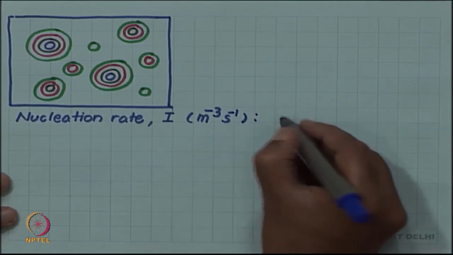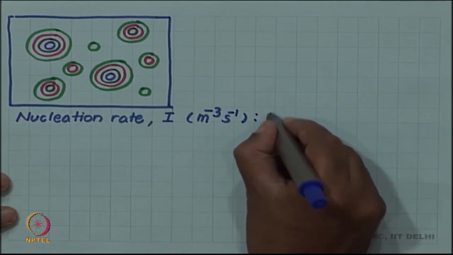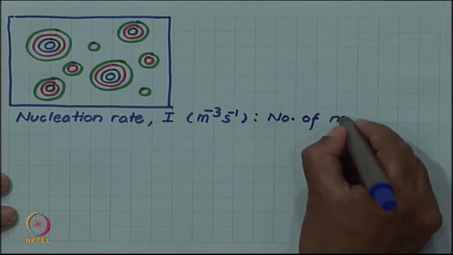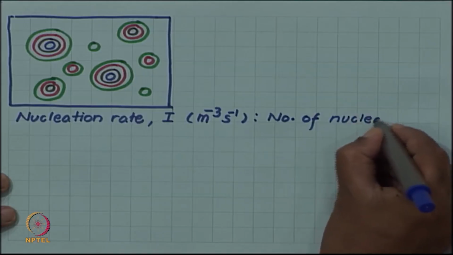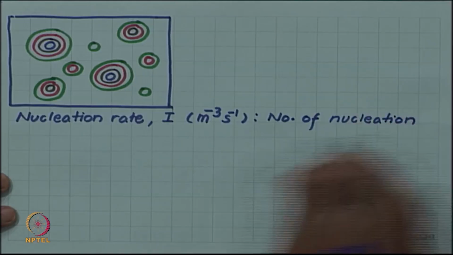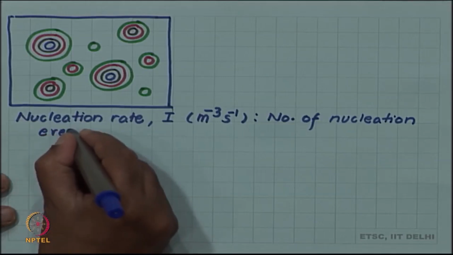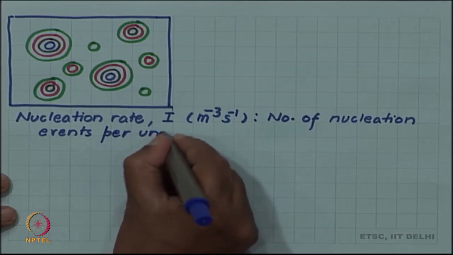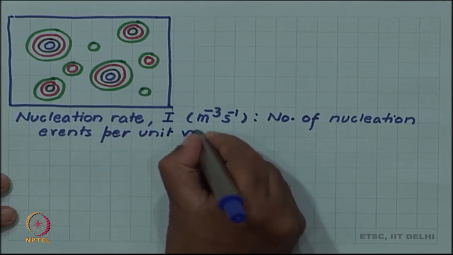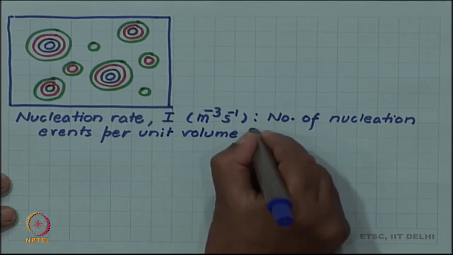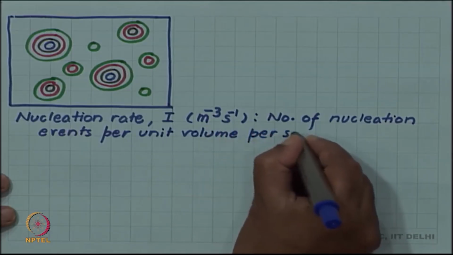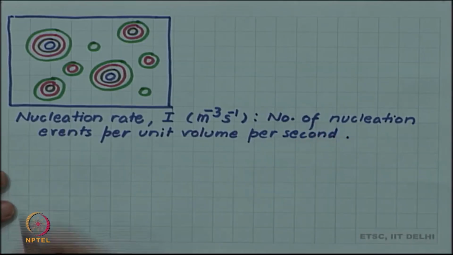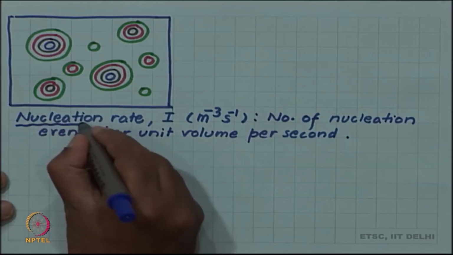So, this will be the number of nucleation events per unit volume per second. So, that will be the nucleation rate.